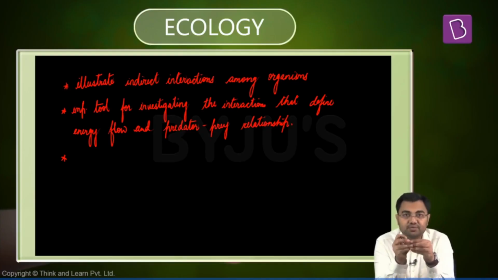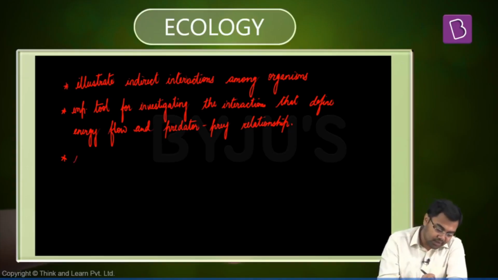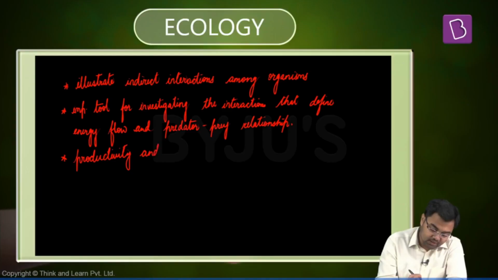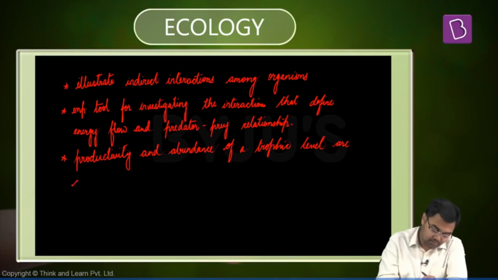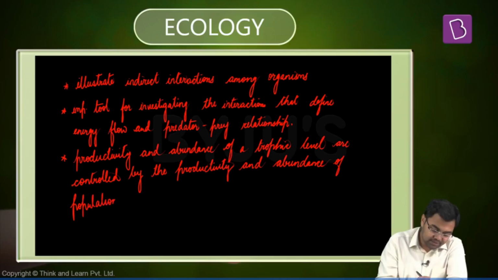So you can make a note of this point as well, that a food web suggests that the productivity and abundance of a trophic level are controlled by the productivity and abundance of populations in the trophic level below them.